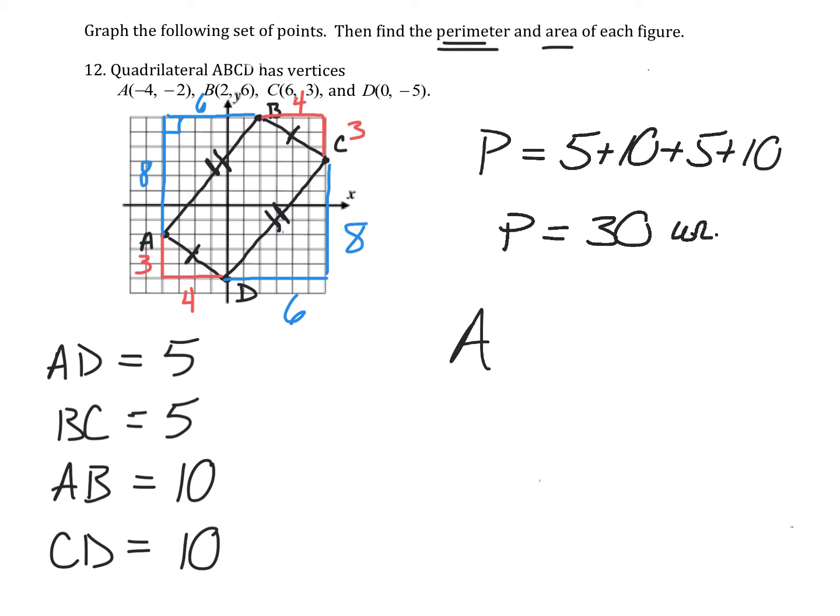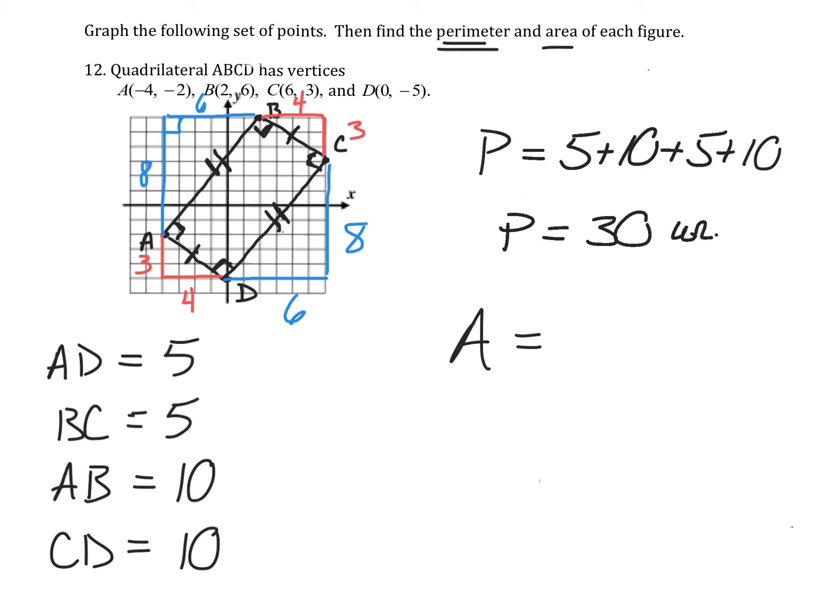As for my area, well, it does appear to be a quadrilateral. In this case, I could go through and prove that all of these are right angles by showing that their slopes are opposite reciprocals.